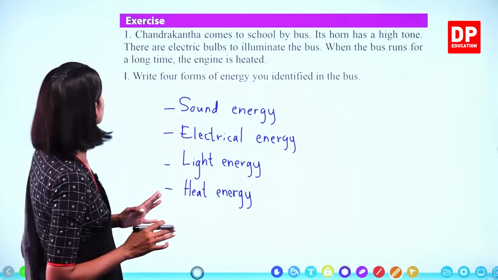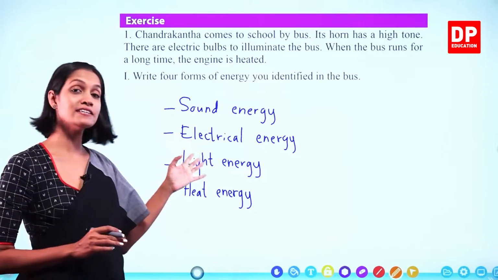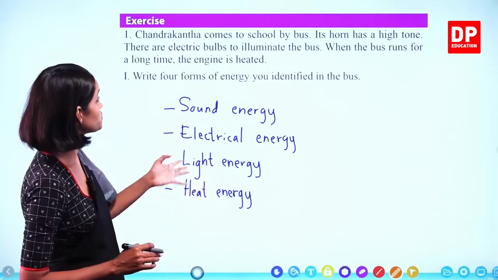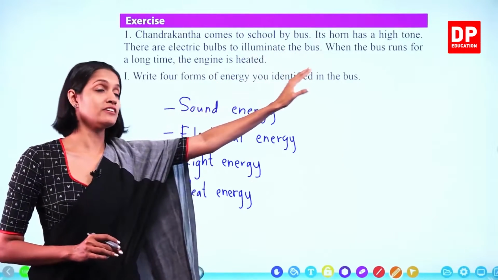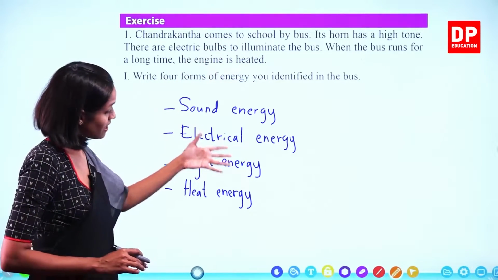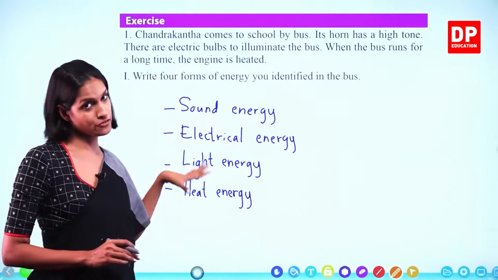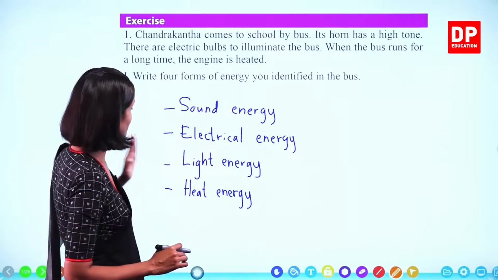Right, children? Sound energy, electrical energy, light energy, heat energy. Right? You can even write kinetic energy. Bus runs means bus moves, okay? So you can even write that one if you want, okay? Here the question asks only 4 forms of energy, right? We'll move on to the next.